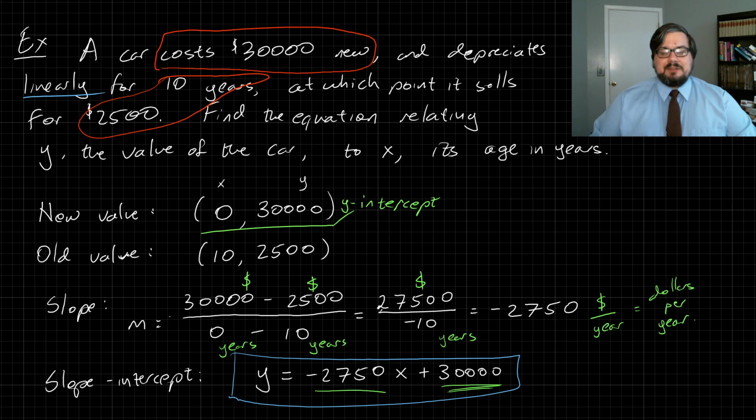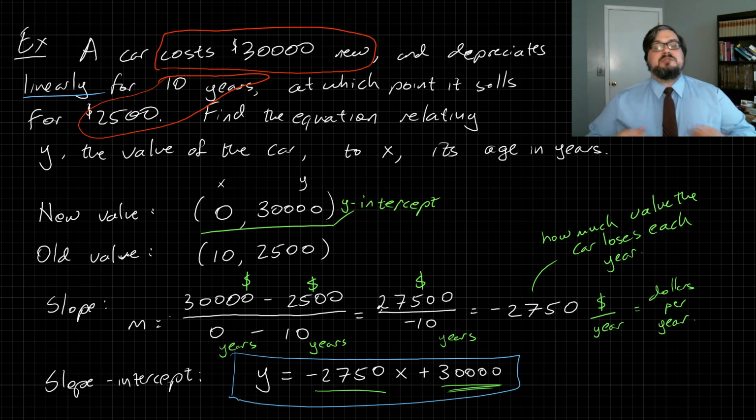Negative $2,750 per year tells you that this is how much value the car loses each year. So every year that goes by, the car loses $2,750 of its value.